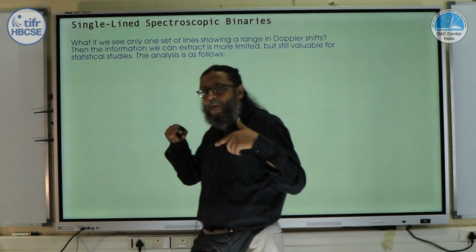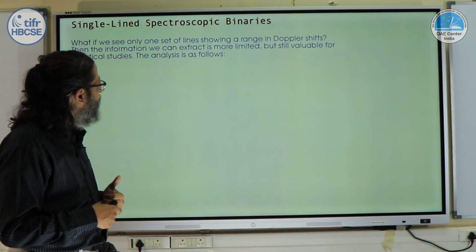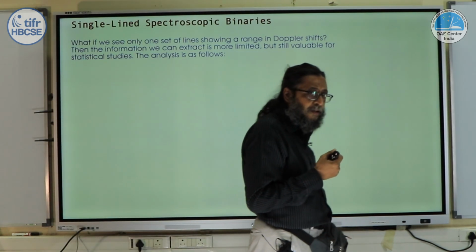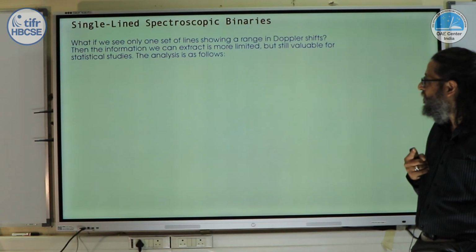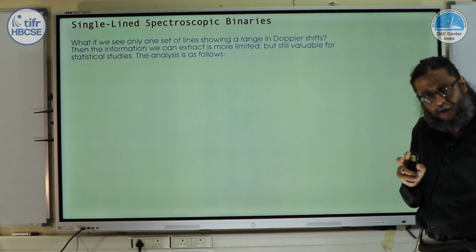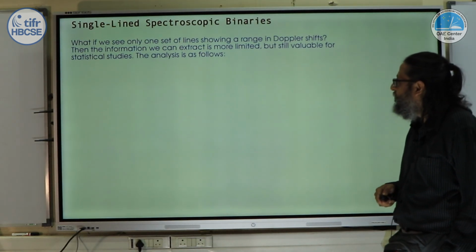Now, we can come to the concept of single line spectroscopic binaries, where you do not see the two objects, but you see only one object. So we can see only one set of spectral lines which are shifting as a function of time.